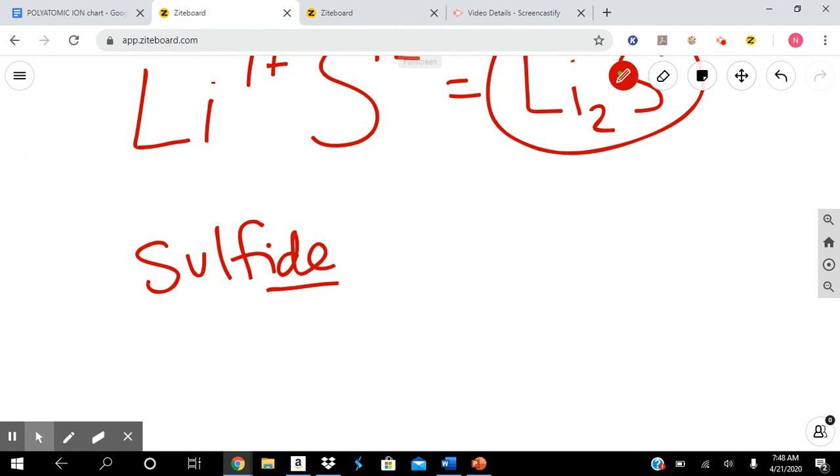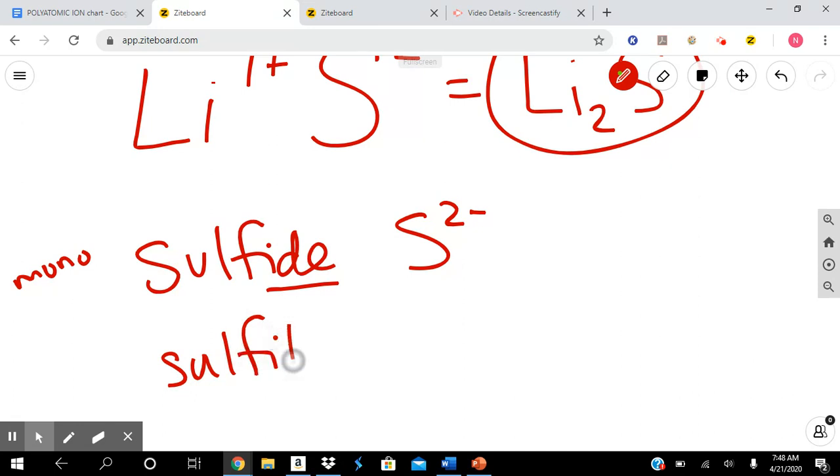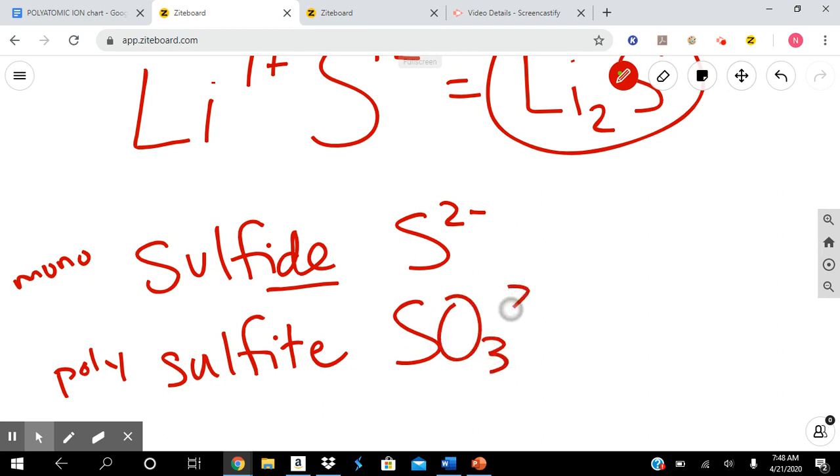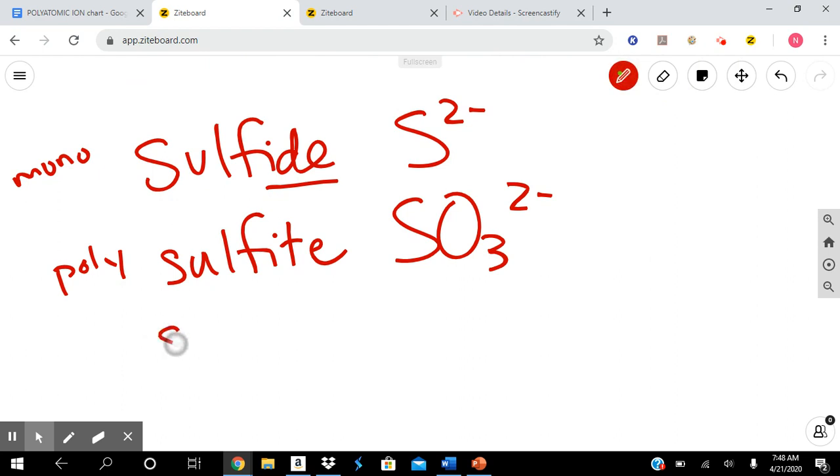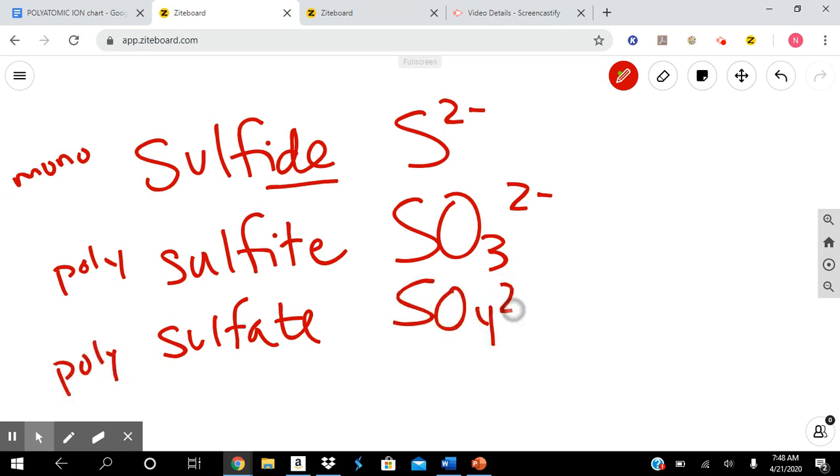That's from the monoatomic, and that's S2 minus. We have sulfite, that's poly, that's SO3 2 minus. And then we have sulfate, that's a poly, and that's SO4 2 minus.